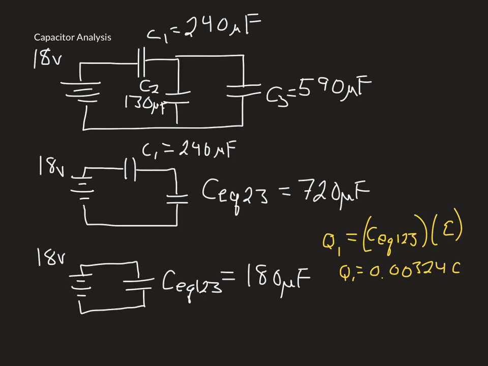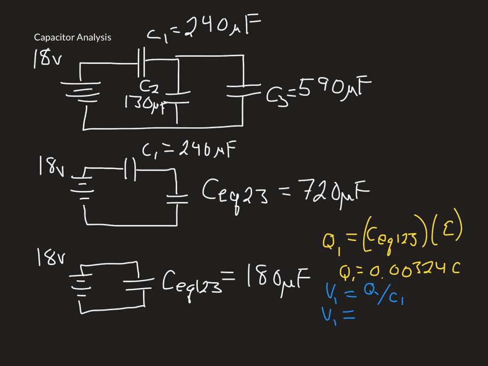So once I have the charge on capacitor 1, I can now use that charge and the capacitance of capacitor 1 to calculate the potential difference across just capacitor 1. So the potential difference across capacitor 1 is the charge on capacitor 1, Q1, divided by the capacitance, 240 microfarads.